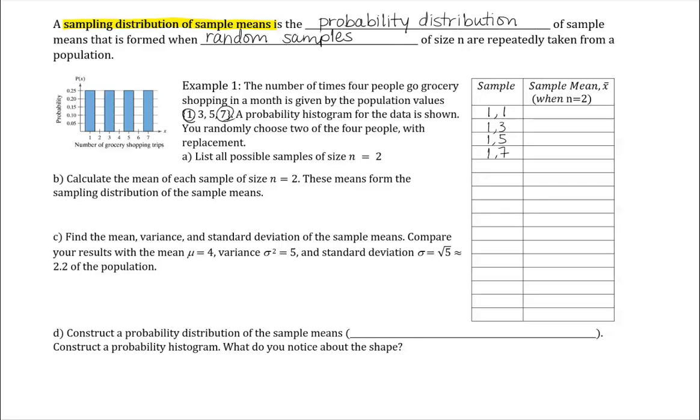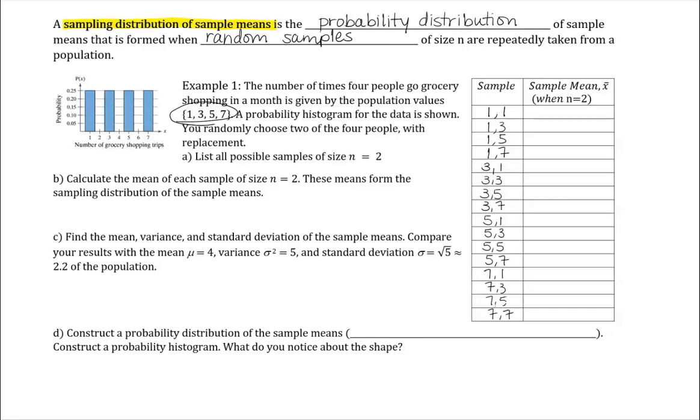So all I'm doing right now is writing all the different ways that I could pick 2 numbers from this set, how many times they went to the grocery store. I could also pick 3 and 1, or 3 and 3, or 3 and 5, and 3 and 7. 5 and 1, 5 and 3, 5 and 5, 5 and 7, 7 and 1, 7 and 3, 7 and 5, or 7 and 7.